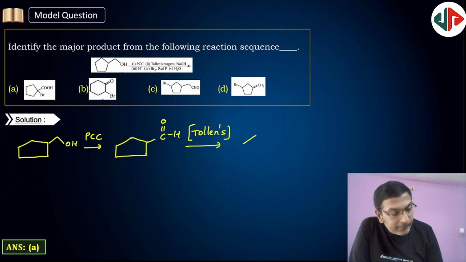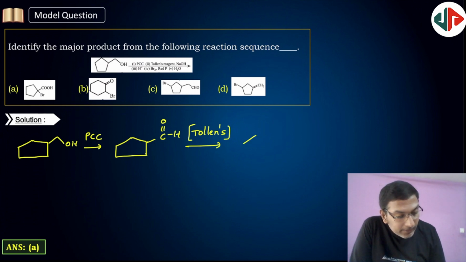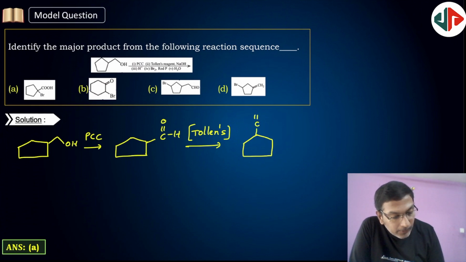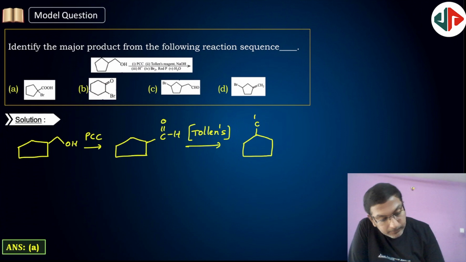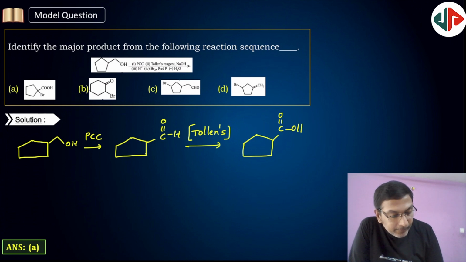It will be converted to COOH, carboxylic acid, and this is the alpha carbon.